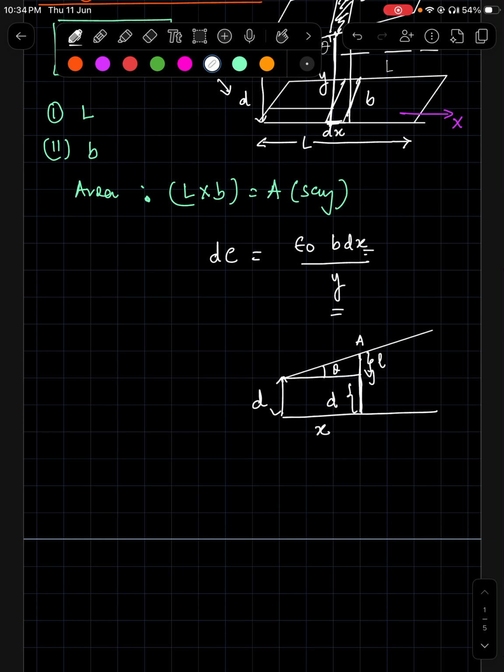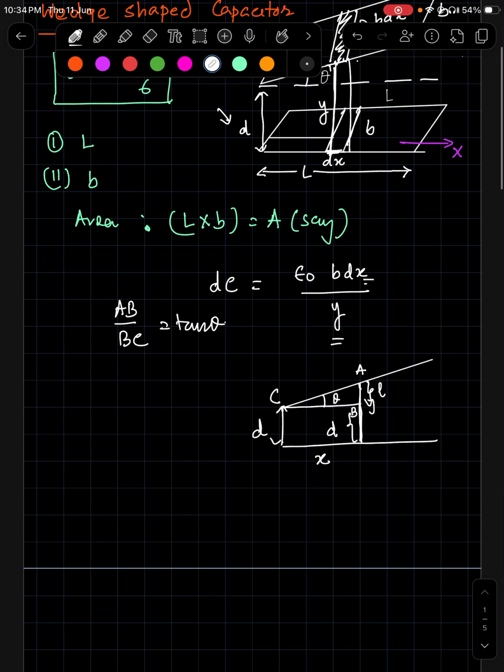From the small triangle ABC, we can easily see that AB by BC is tan theta. AB is L, so L becomes BC tan theta. But BC is the same as x because of the rectangular property, so L is x tan theta.